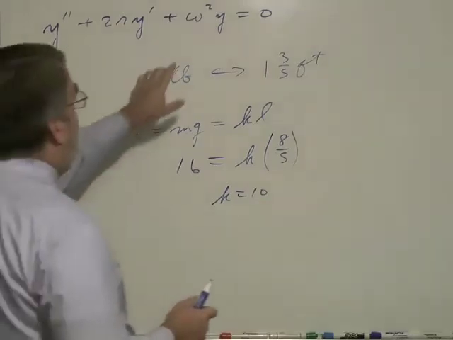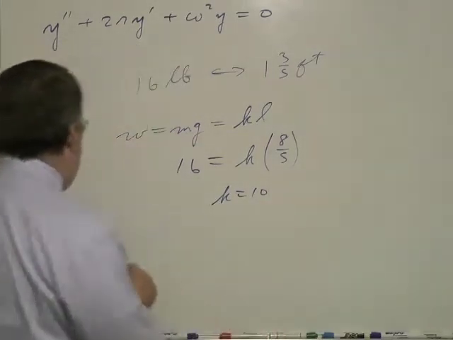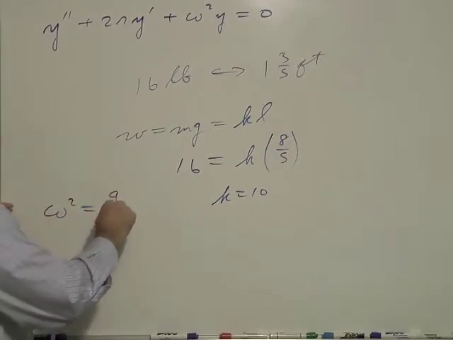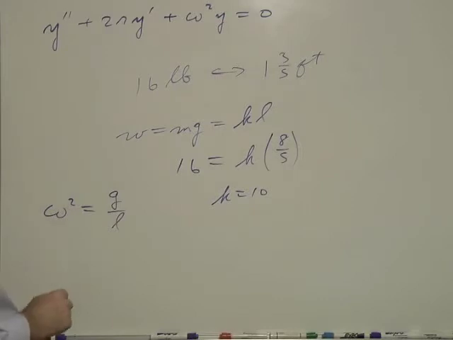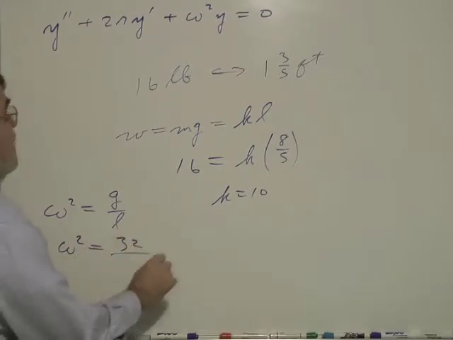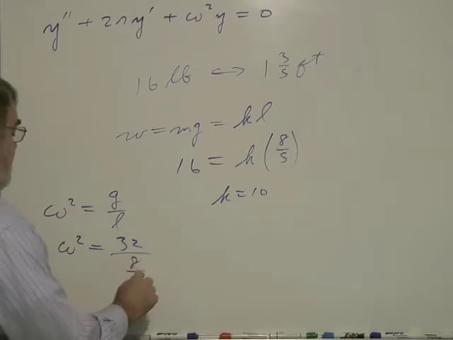Now also, omega squared, another useful formula, replaces g over L. If I plug that in, omega squared is 32 feet per second squared divided by 8/5, or 1 3/5, feet.